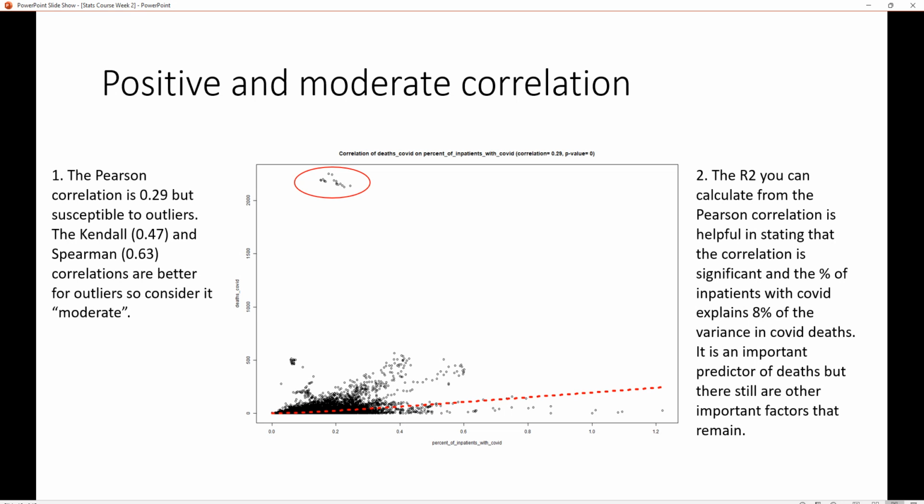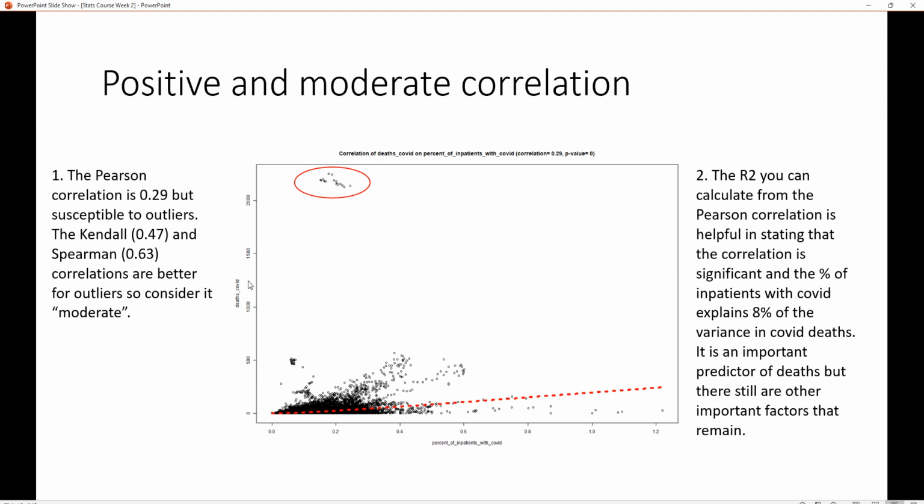And in this example, we're looking at a positive and a moderate correlation. We see that for the percent of inpatients with COVID, there's a significant but maybe a moderate correlation that it has with COVID deaths.